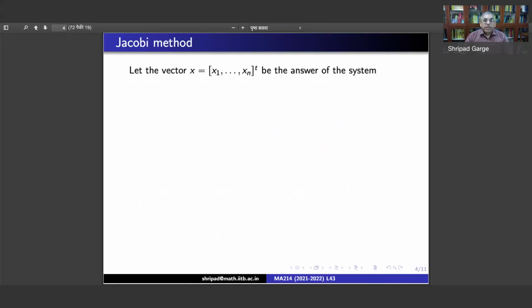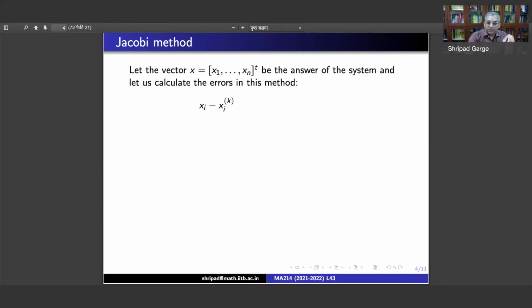So for instance, if your x, which is x1, x2, up to xn transpose, is the solution to the system, then let's compute the error that we are likely to get. First of all, we have the ith component of your solution xi, and the difference is equal to the summation of aij upon aii times xj minus xj of k minus 1.